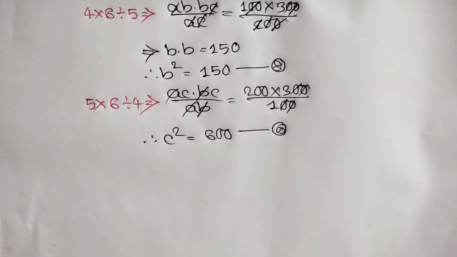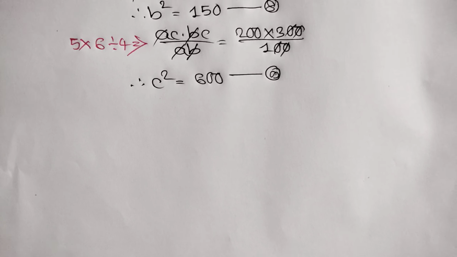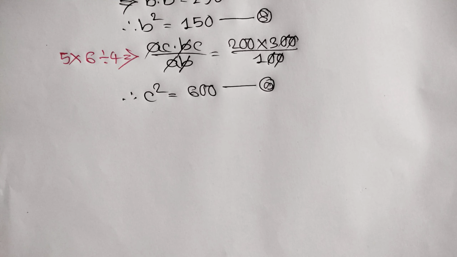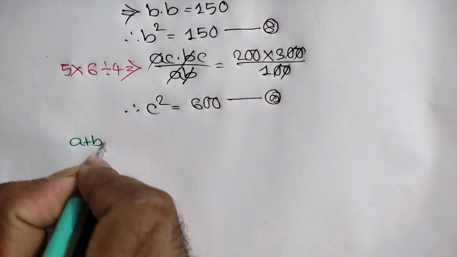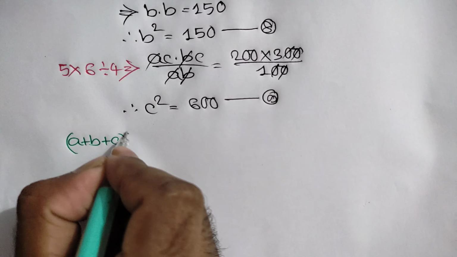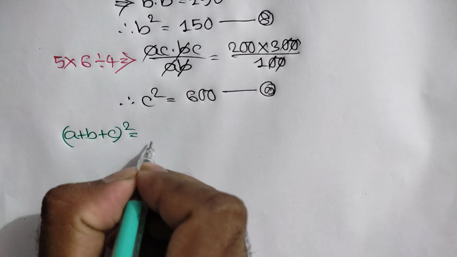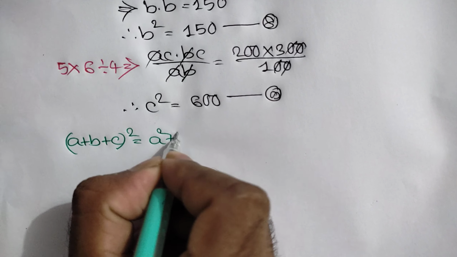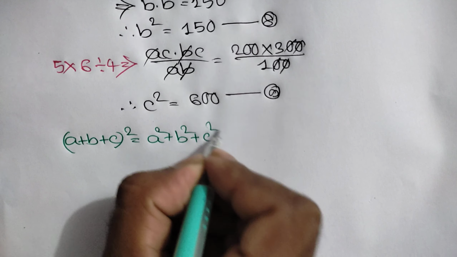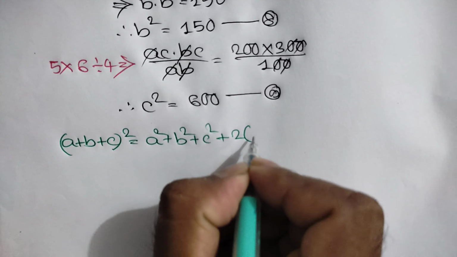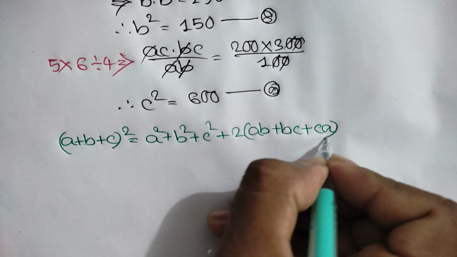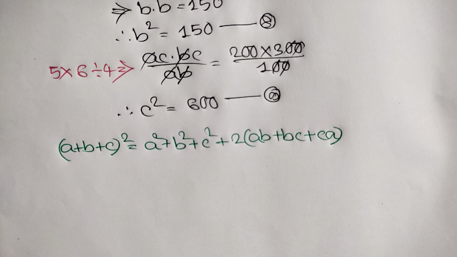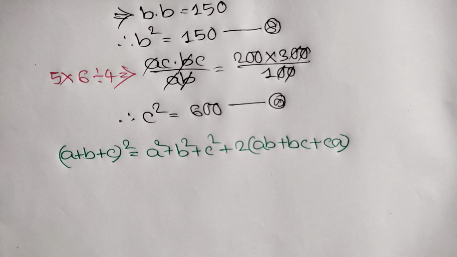Okay, now we know an algebraic equation: A plus B plus C whole square is equal to A square plus B square plus C square plus 2 times AB plus BC plus CA. This is an algebraic equation.